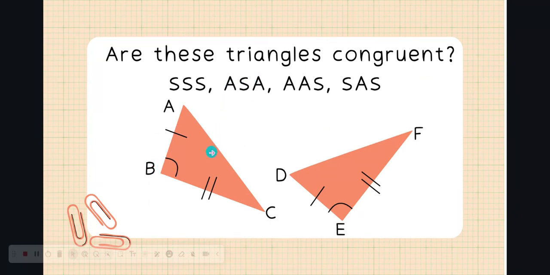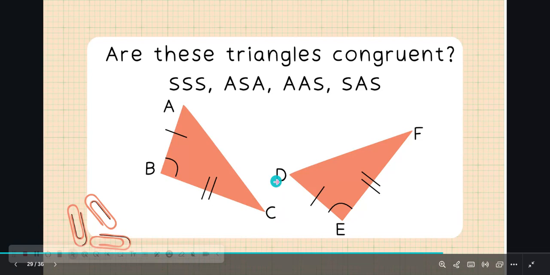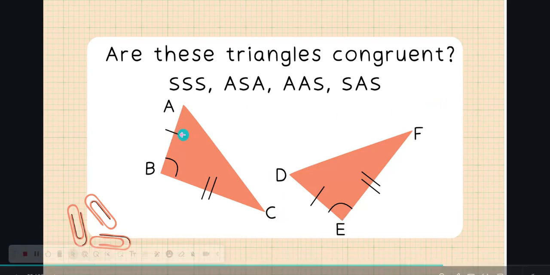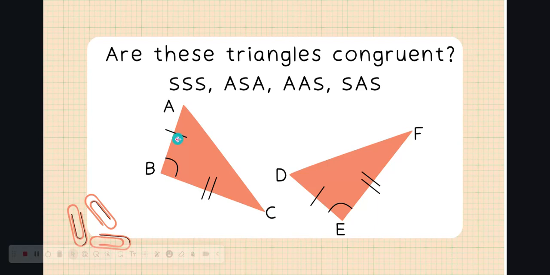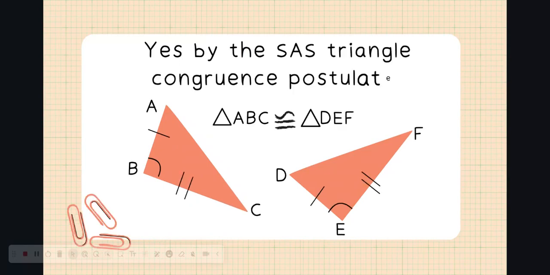In this example, we have two triangles, triangle ABC and triangle DEF. We can see that they have one corresponding congruent side, then a corresponding congruent angle, then another corresponding congruent side, proving that they are congruent by the SAS triangle congruency postulate.